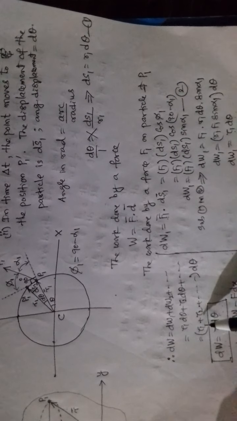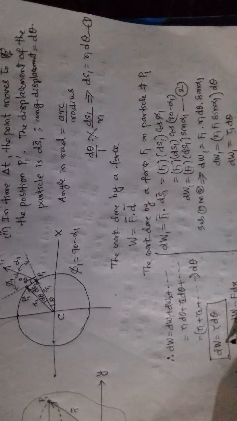Taking d theta common, tau 1 plus tau 2 plus tau 3 and so on. So the sum of the individual torques gives tau here, times d theta. So dW is equal to tau d theta. So this is the expression for work done by torque.